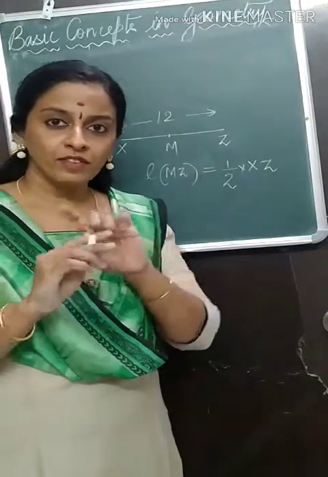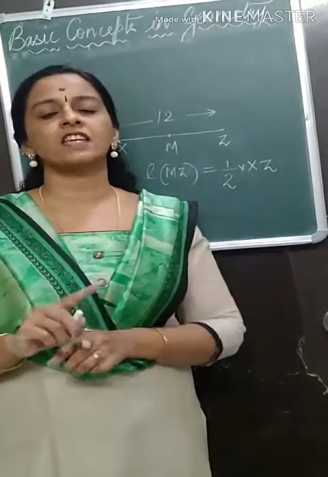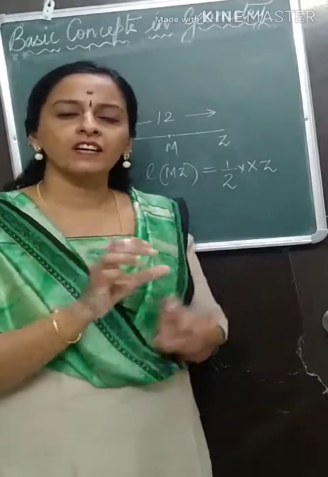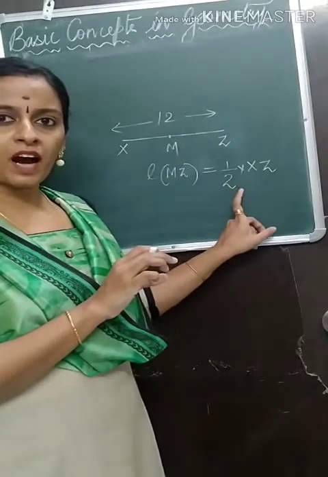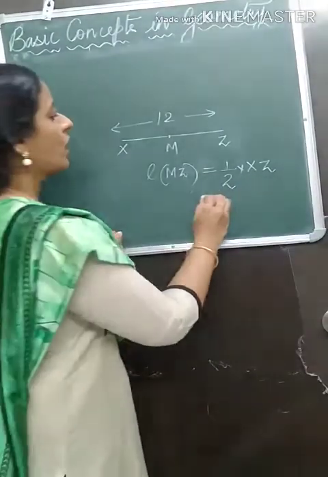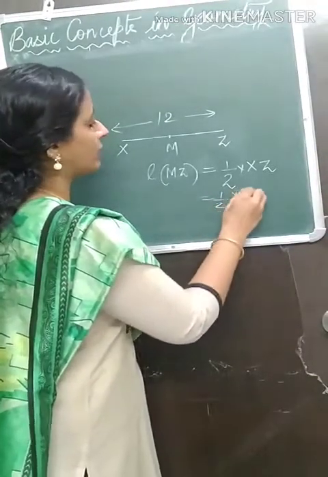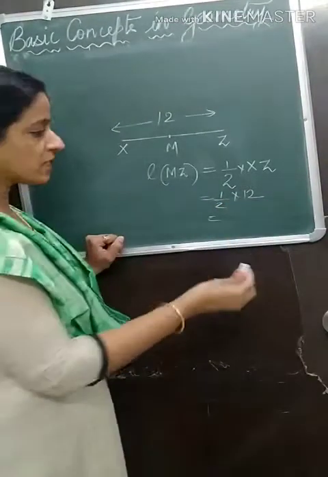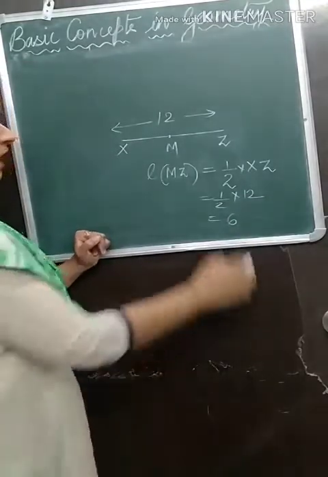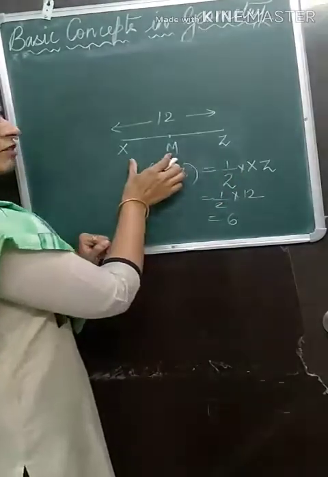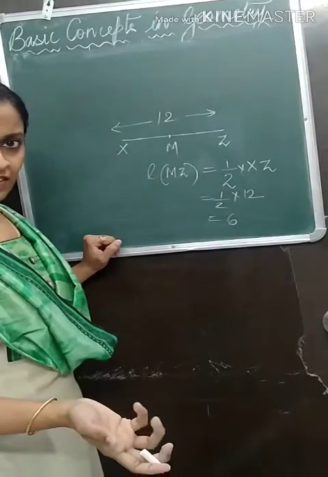Clue: full segment length is given, they are asking you to find the half of that, you will multiply by half. So half into 12. You got the answer? 6, no? So MZ will be 6, XM will also be 6. Okay, that was one type.